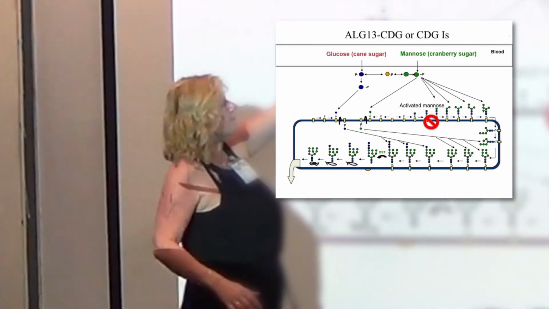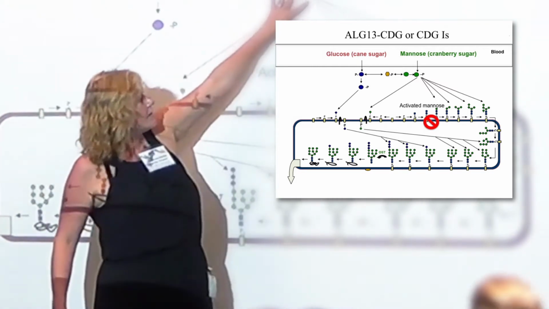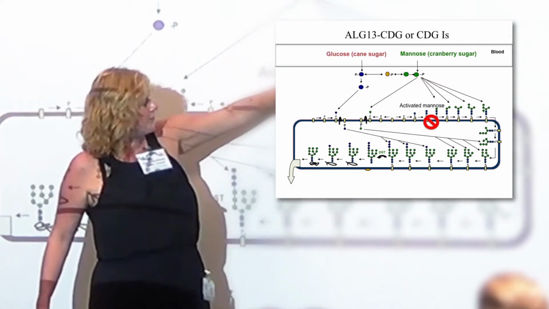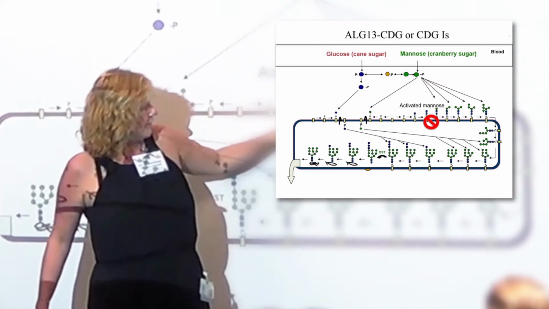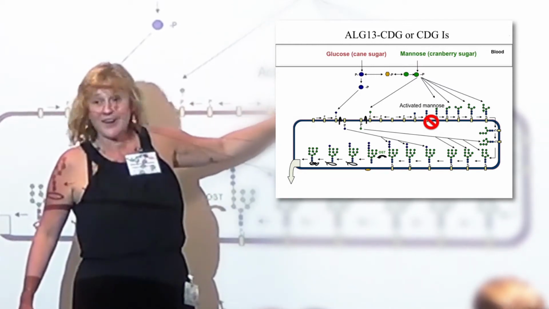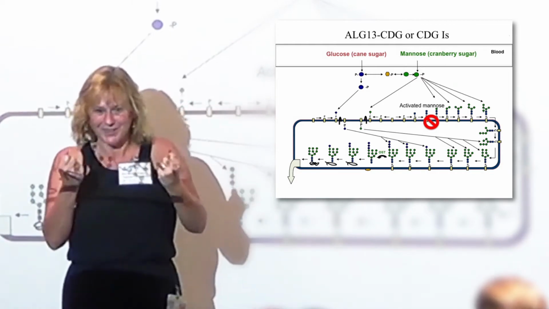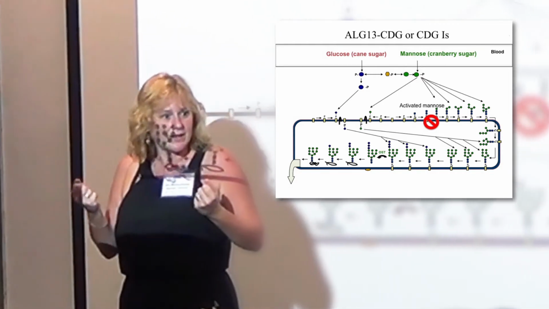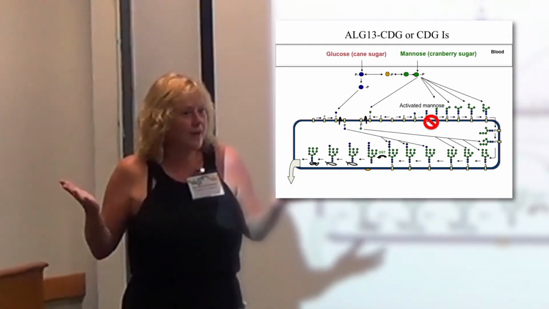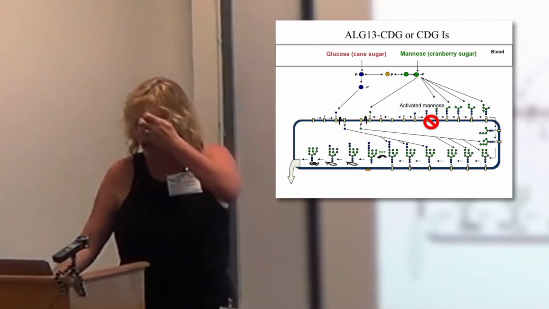Remember, this was PMM2 CDG? So actually you can bring in the monos, but you cannot put this very early sugar chain further to accept the first monos. So you end up stuck again. You cannot make any glycan chains.